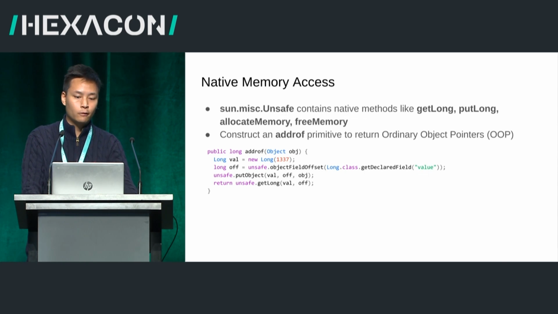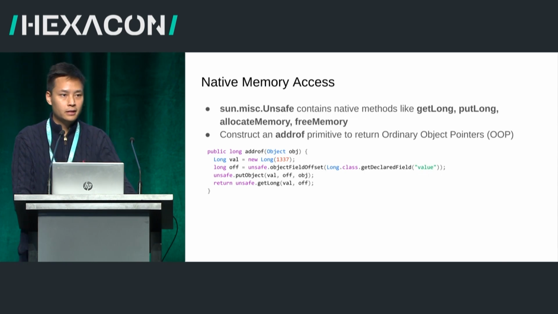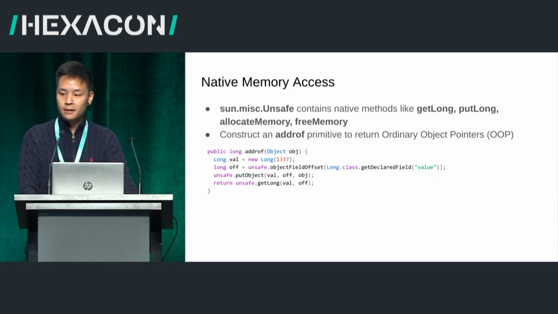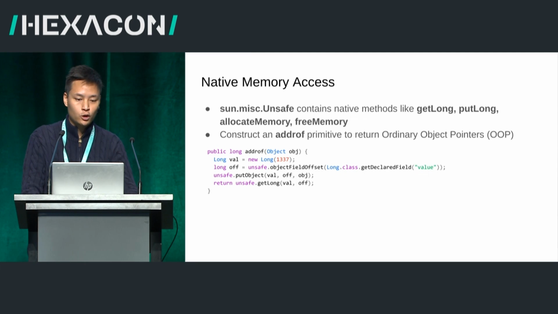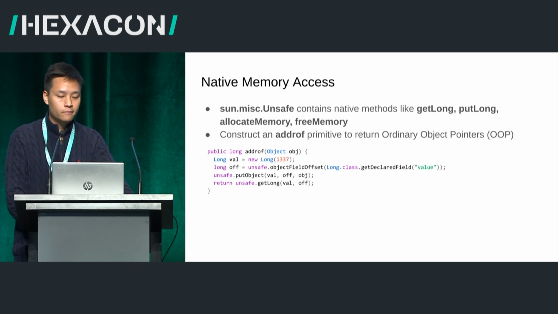Native memory access is for free because that is what the sun.misc.Unsafe class is for. It contains methods like getLong, putLong, allocateMemory, and freeMemory, which allow you to read, write, and allocate and free native memory. We can also construct an address_of primitive to return the native pointer of any object. And we do so by putting the object's pointer into the value field of a Long object, and then we can simply retrieve that pointer.